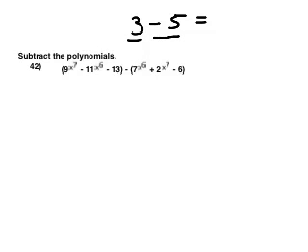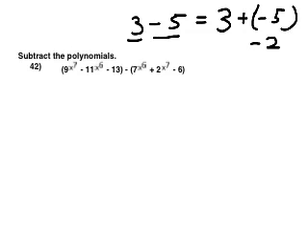And just combining them. Or you could say, all right, this means 3 minus 5. I'm going to change that to an addition. I'm going to make it 3 plus a negative 5. And I'm going to get the same number. I'm going to get negative 2. That's going to be the answer to that.